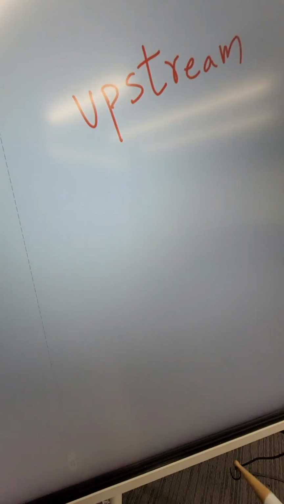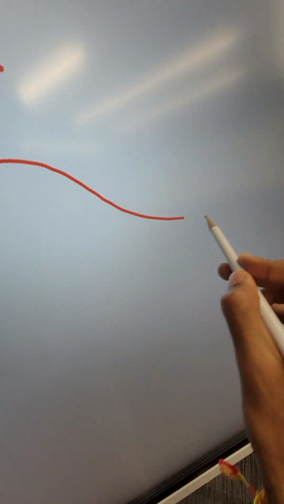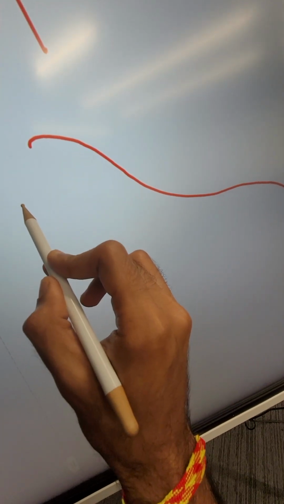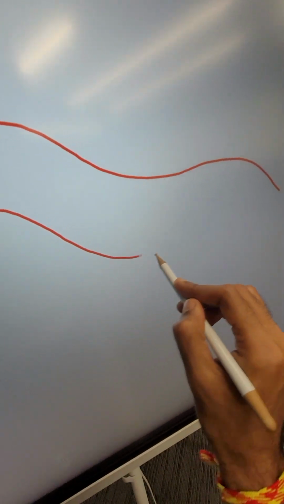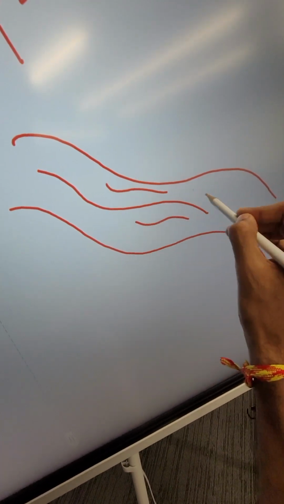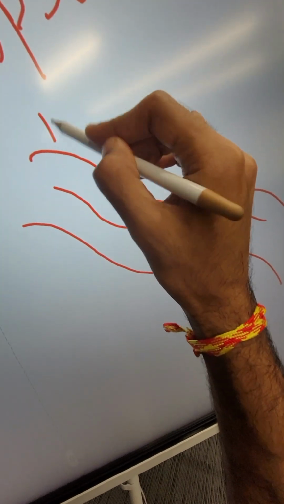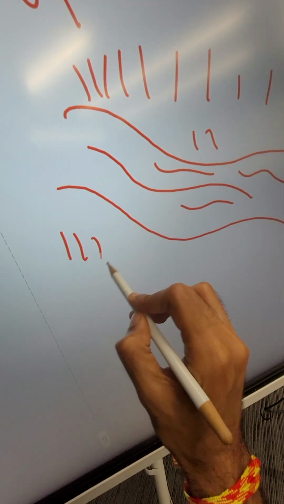And let's look at what upstream means. So usually, let's say you have a river, it's flowing. Usually there's a direction to the river, right? It's flowing around. Here it's all grass, let's say, and this is the river.